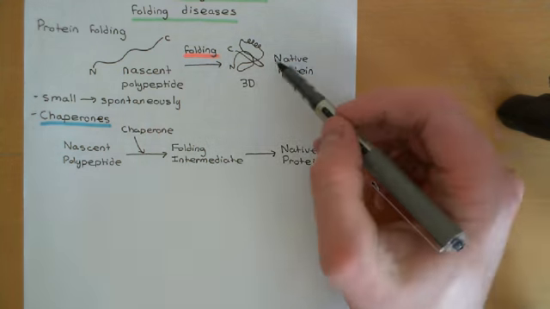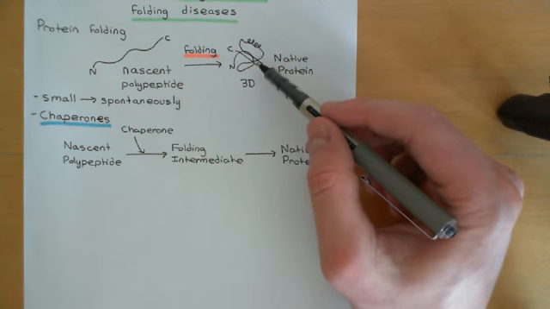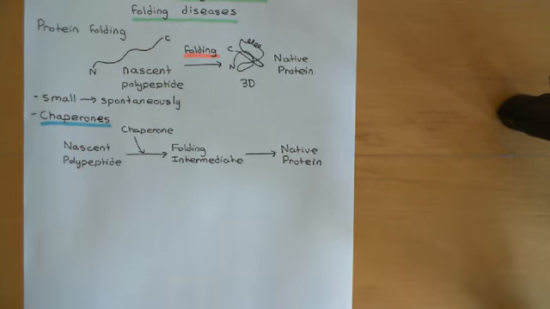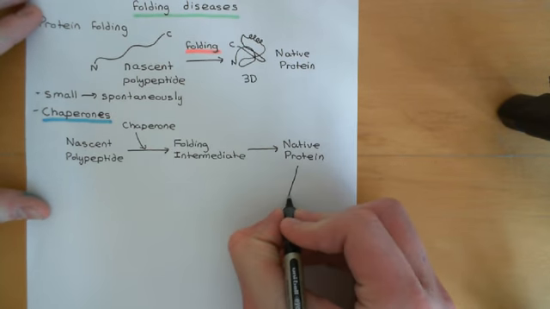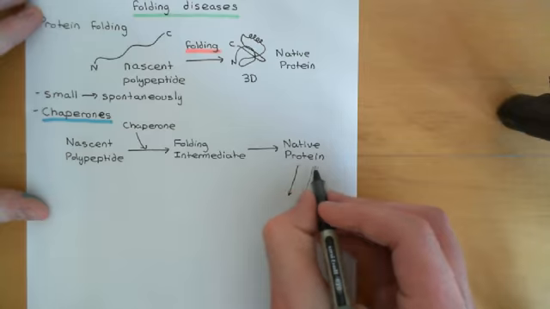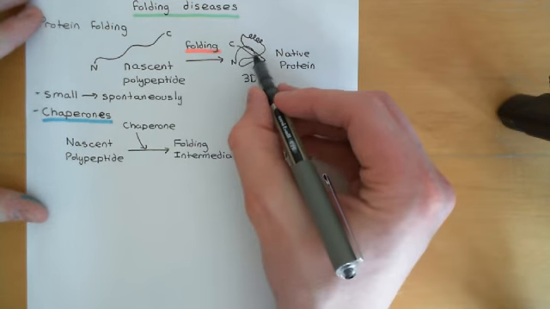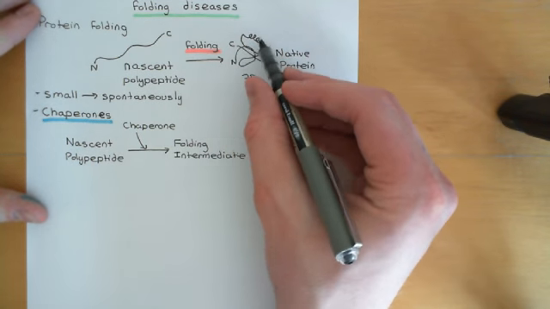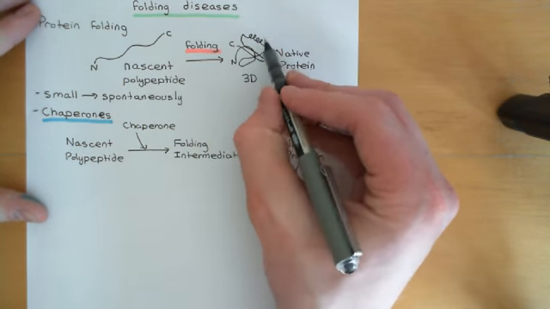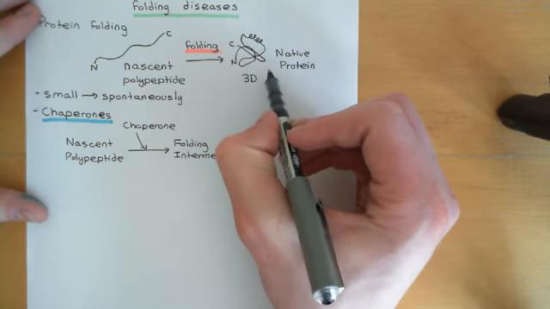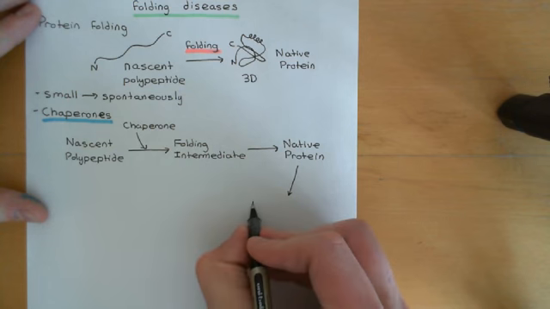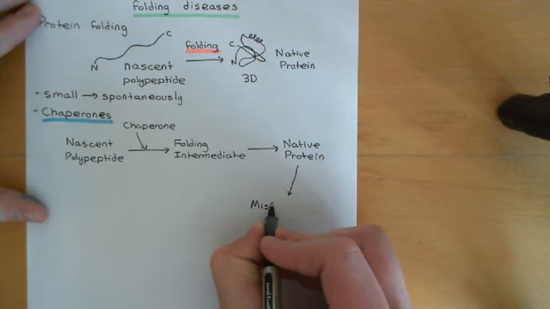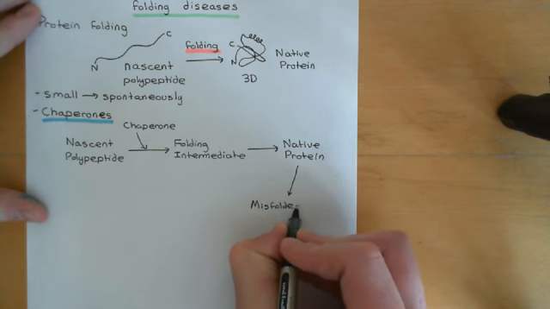Bonds that are holding this native protein structure together can break and the protein can adopt a new conformation, okay? And that new protein, where it's still folded up, but it's now not in the native folding, not in the perfect folding for the protein, it's got a different sort of folding. That's what's known as a misfolded protein. So it can become a misfolded protein.